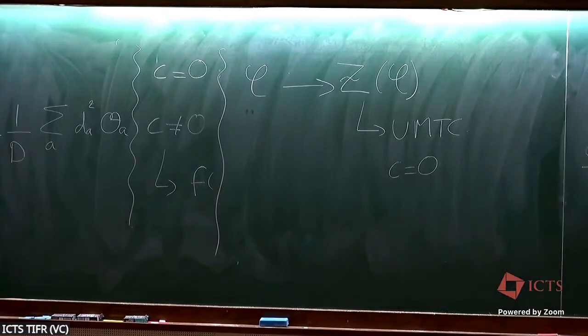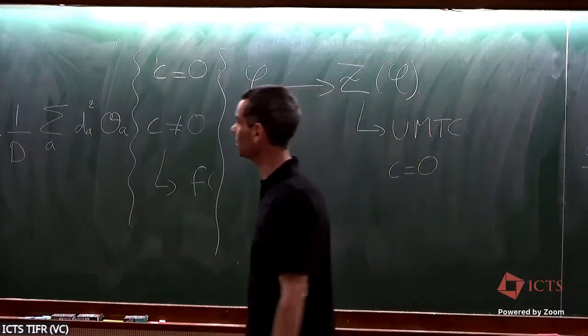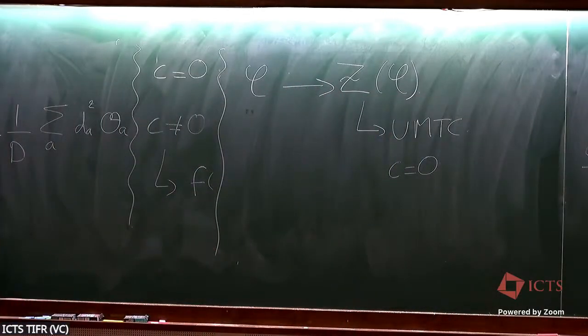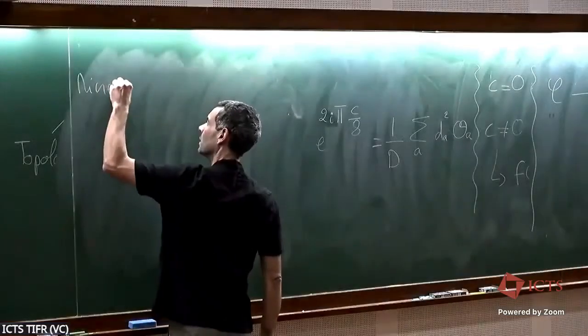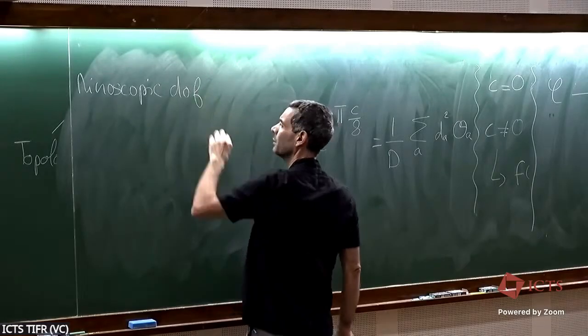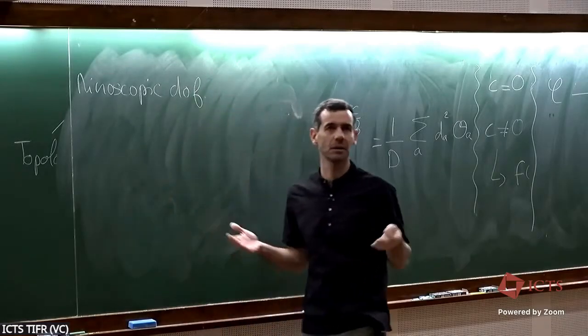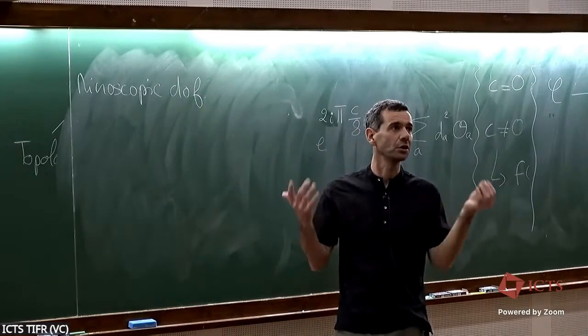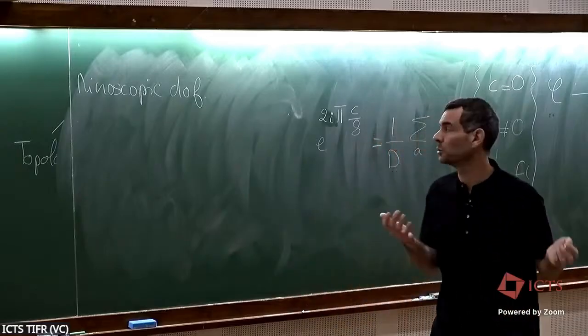And that's exactly what you do when you're playing with string nets or with Kitaev quantum double. Some of you are familiar with string nets, maybe someone will explain string nets at some point, but I could do it, though it will take a little bit of time. With string nets, usually you have your microscopic degrees of freedom, which are given by some categories, some groups, some representations of groups, some quantum groups, whatever you wish.